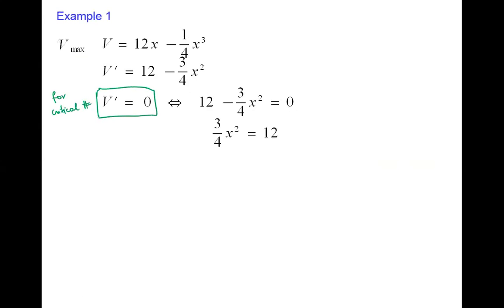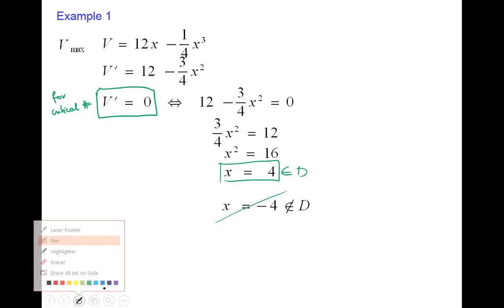I can subtract 12 and multiply by negative 1, and now I can multiply by 4, which will be 48, and divide by 3, it's 16. Okay, that's a nice number. x squared equals 16, x equals 4, and this is fine, but not negative 4, of course, no.